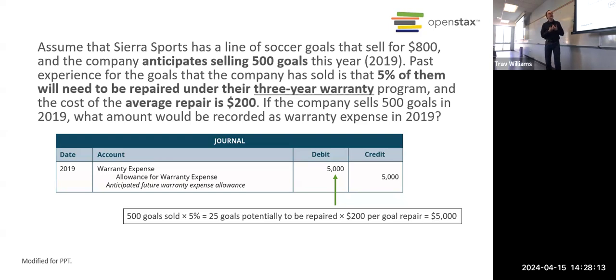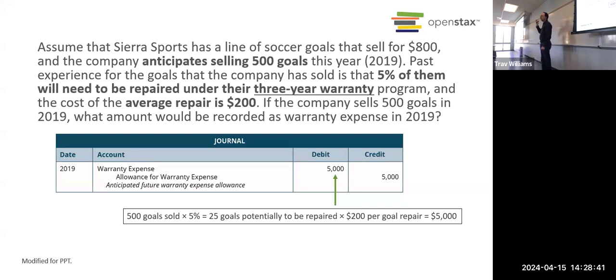So same idea. We count the warranty expense in the year we made the sale, even though the customer has 3 years to file a warranty claim. And the way we keep track of it is in the allowance for warranty expense. So every time there is an actual warranty claim that we honor, we would then debit allowance for warranty expense.